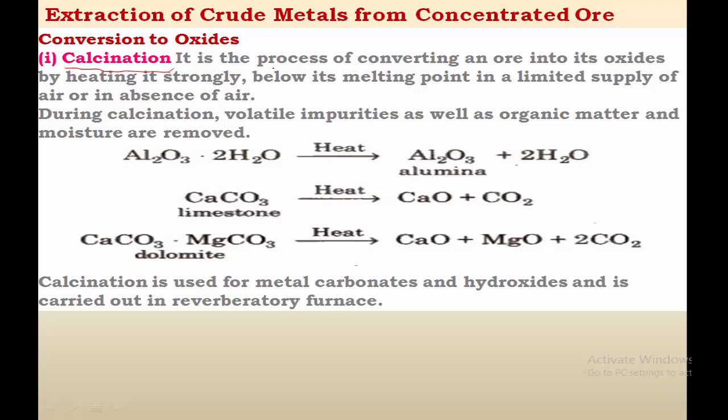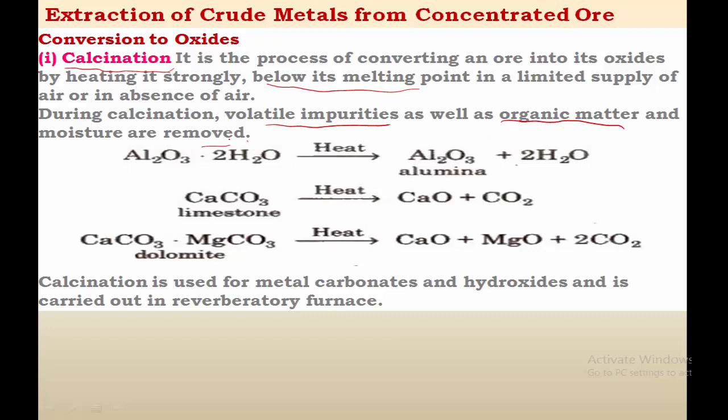It is the process of heating ore in absence of air or in limited supply of air below its melting point. Okay, air is absent or limited air will be supplied, and during this calcination volatile impurities are removed as well as organic impurities, and moisture is also removed.